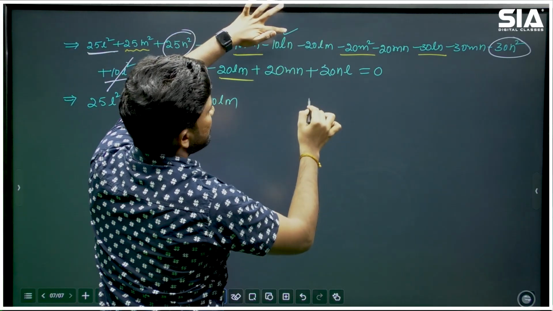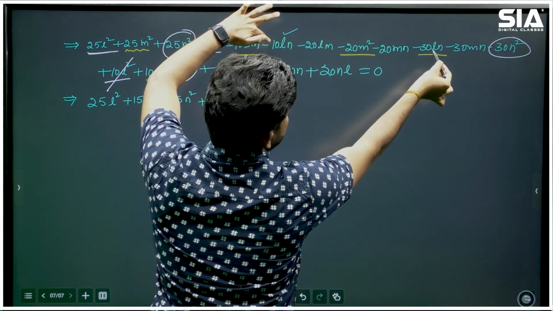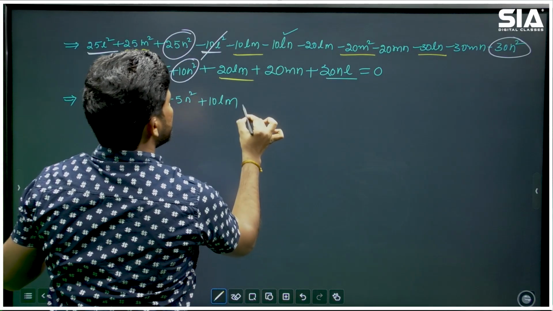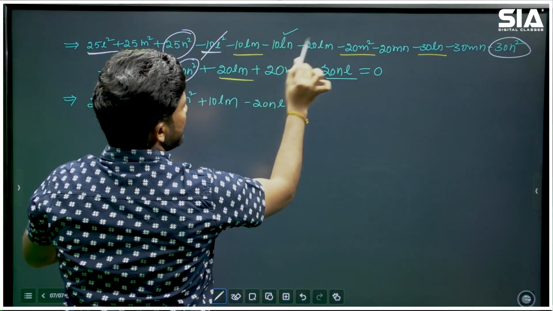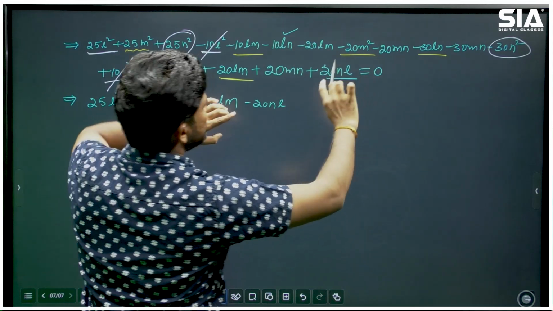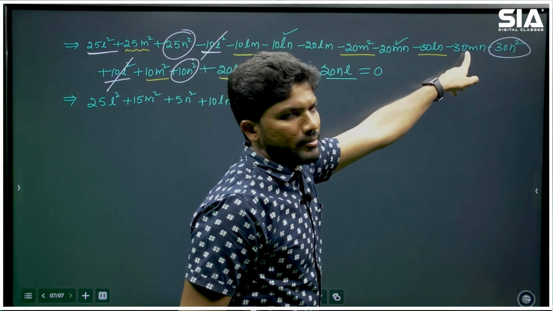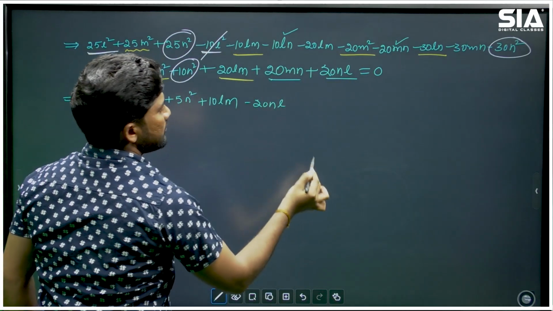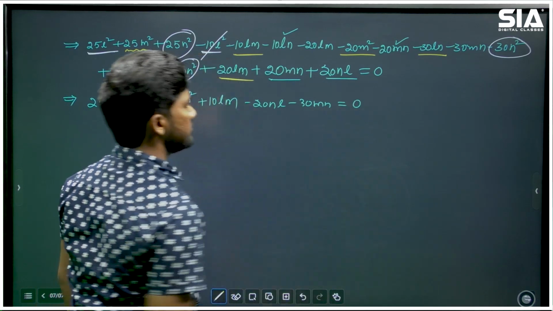If you take ln, here minus 10 ln, minus 30 ln, minus 10 minus 30, minus 40 plus 20. That means minus 20 nl. And remaining mn values: minus 20 mn, minus 30 mn, minus 50 mn and plus 20 mn, minus 30 mn equal to 0.